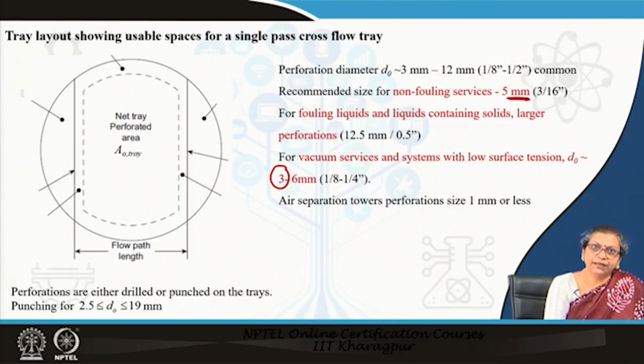And remember one thing, that these perforations are either made by drilling or by punching. Normally punching is used if the diameter varies between 2.5 and 19 millimeters. When we are making the holes through punching, then the dimension is often decided by the diameter of the punching die.